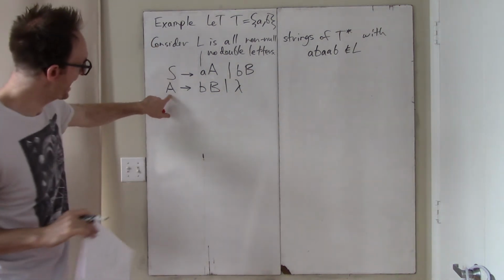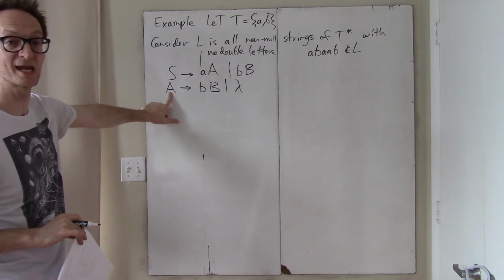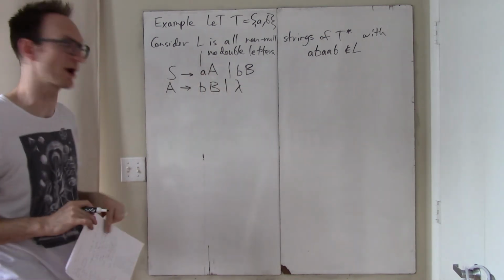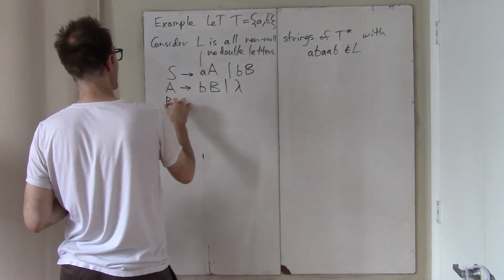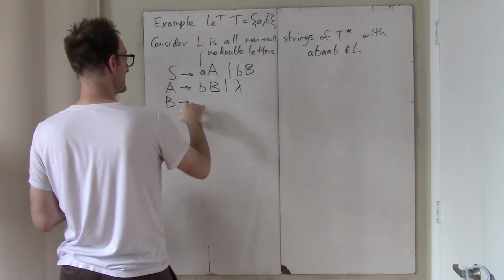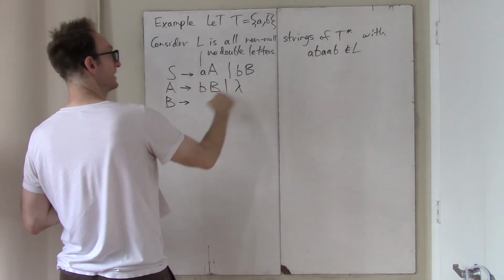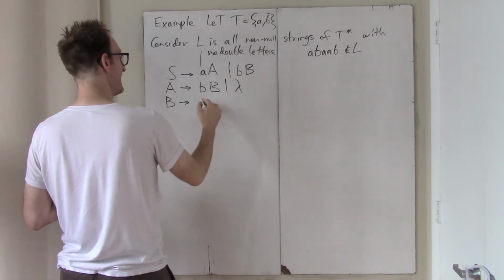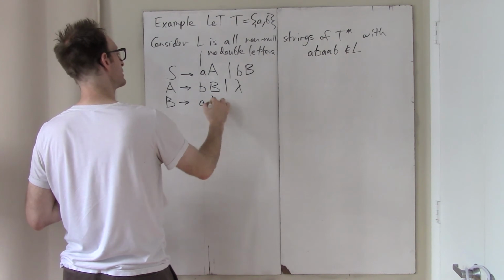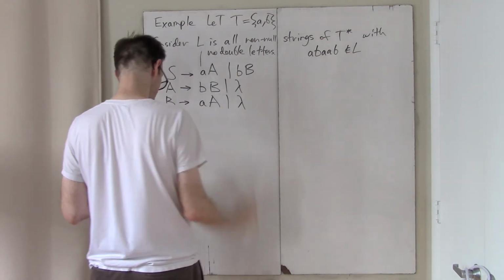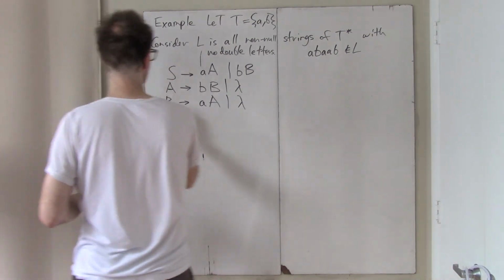But since A is the state of I just wrote a little a, then I can't write a little a next. So there you go. And then the other one is exactly analogous. If I just wrote a B, then I have to write an A next and go to the state of I just wrote an A, or end the string. And that's it. That's the example.